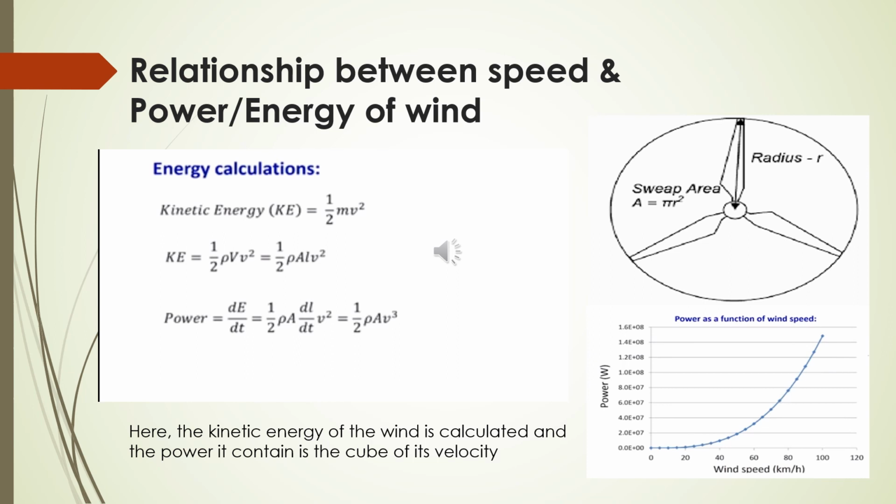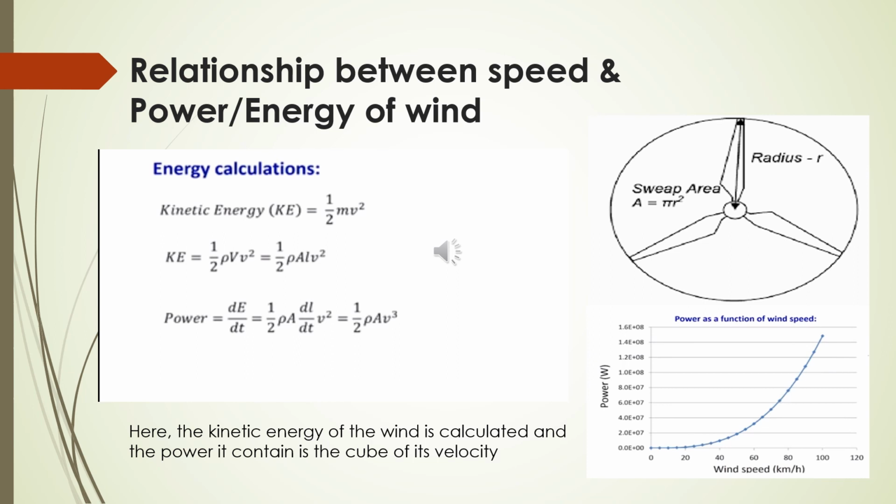As we don't know the mass of the wind or the air, we are taking it as density into volume. So the kinetic energy is half rho into capital V, which is the volume of the air that interacts with the blades of the turbine, into the square of the velocity of the wind.